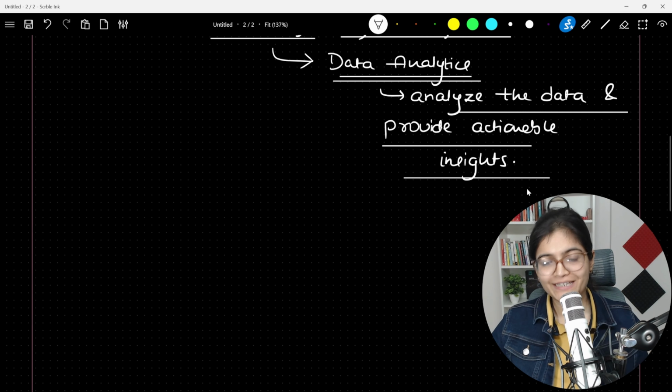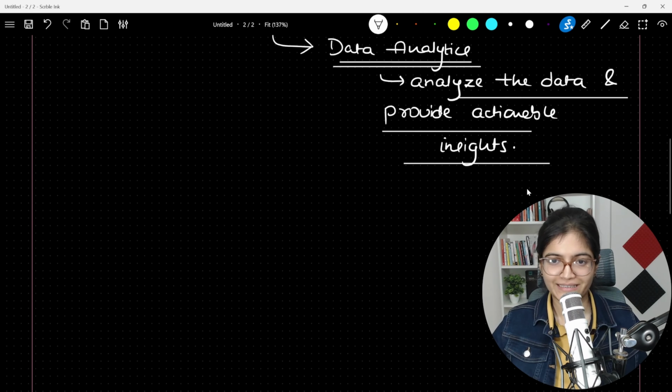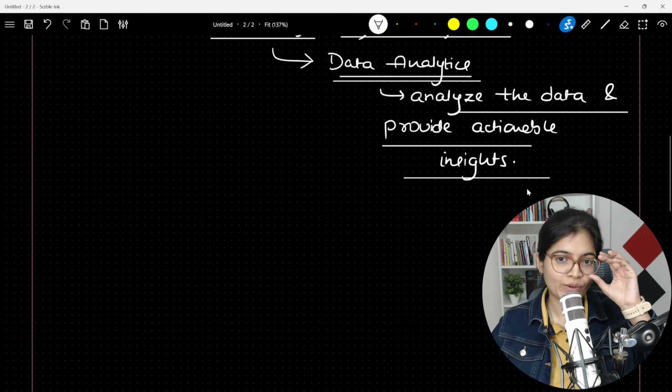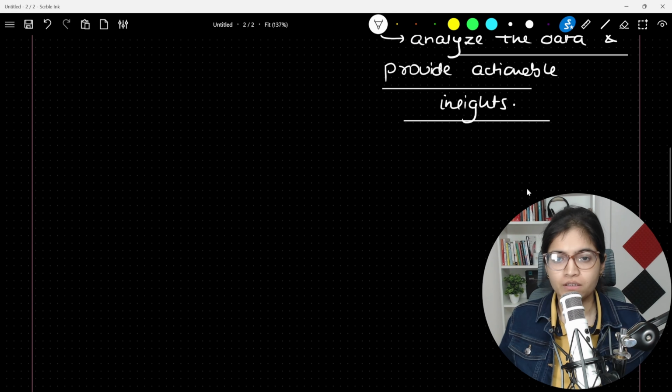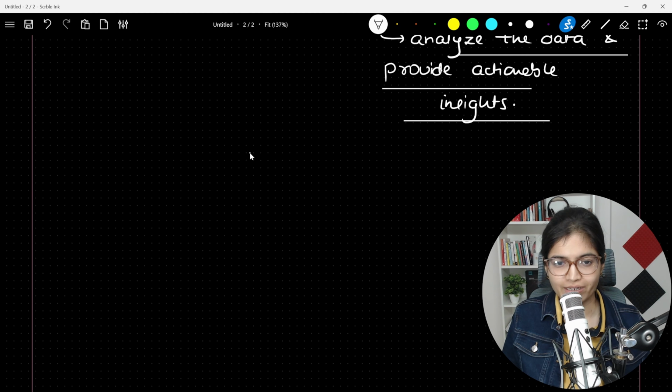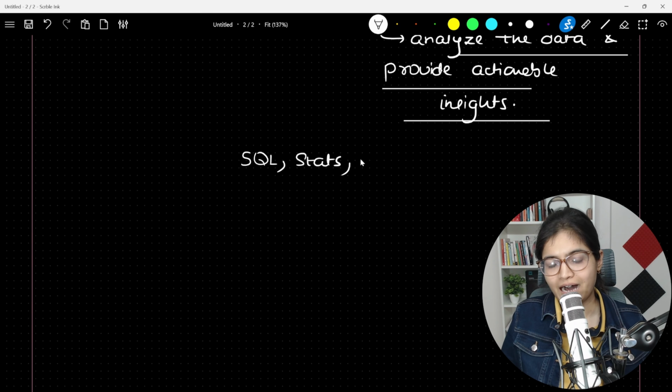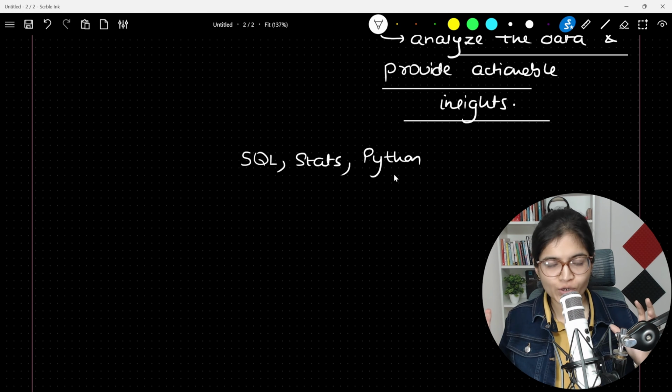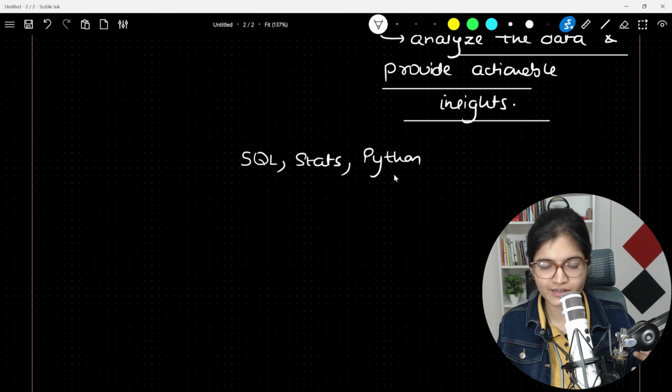Now, the important thing to understand here is that to get great expertise in the data analytics job role, there are specific technical skills required. SQL plays a very important role. Statistics plays a very important role. After that, Python is something where you will not write too much code, but definitely whatever code is required.